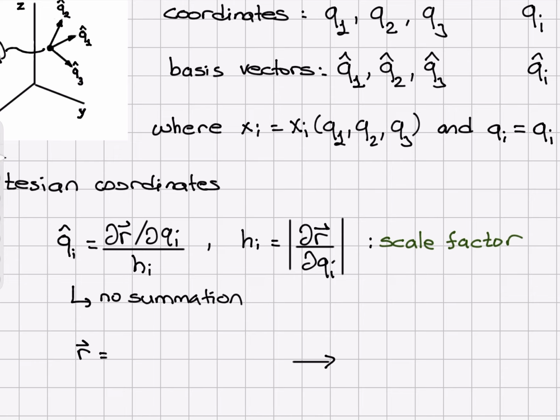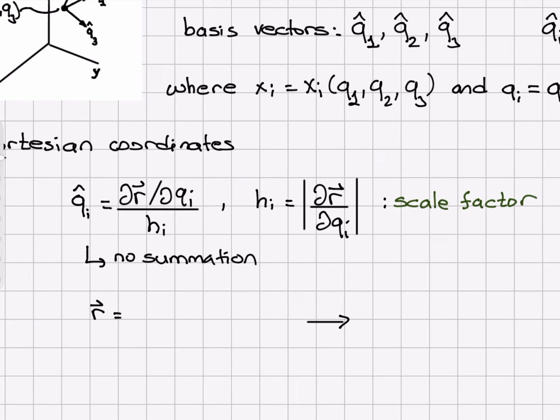Okay. And now we can write the position vector in terms of Cartesian coordinates as xj ej hat, where each xj is a function of the curvilinear coordinates q1, q2, q3. So this is our position vector.